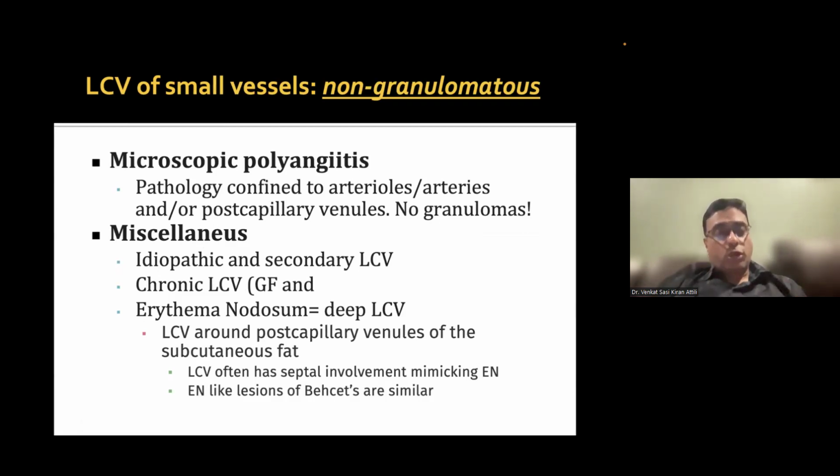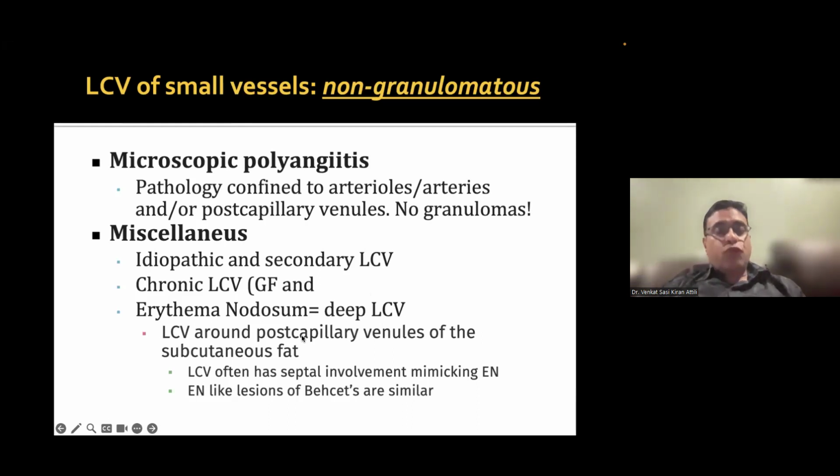But one of the most important things that hasn't been discussed in books particularly is erythema nodosum. Now, most panniculitis, and I'll discuss this in my panniculitis lecture, are actually vasculopathies. And of the primary panniculitides, erythema nodosum and erythema induratum, erythema nodosum is in fact a deep leukocytoclastic vasculitis, where you see leukocytoclastic vasculitis around postcapillary venules of the subcutaneous fat.